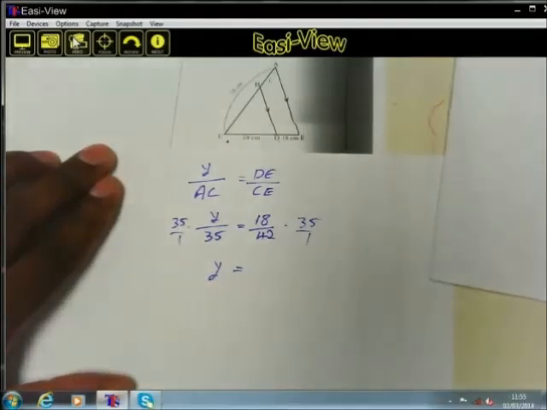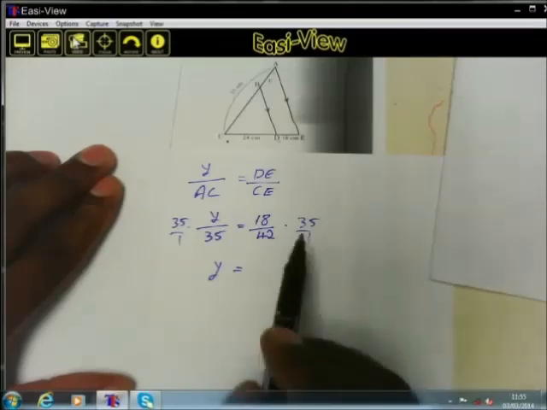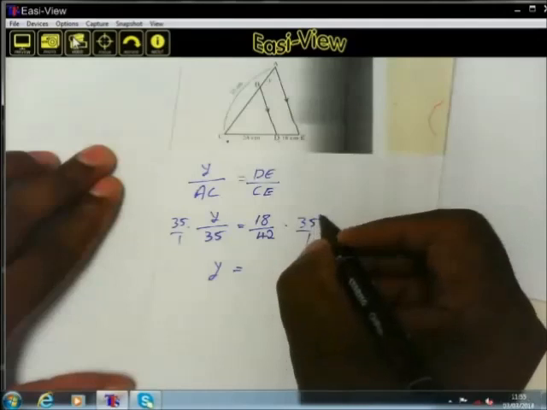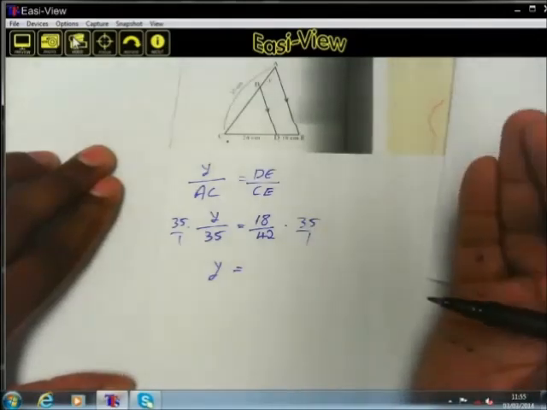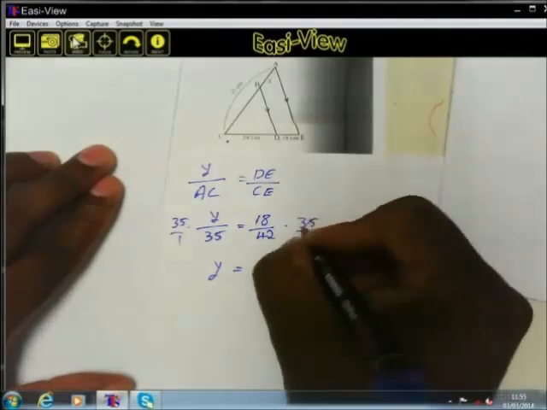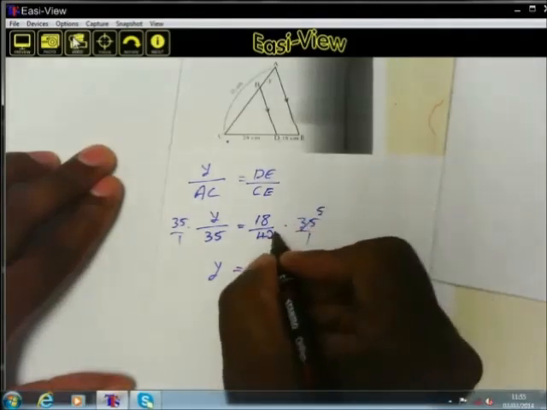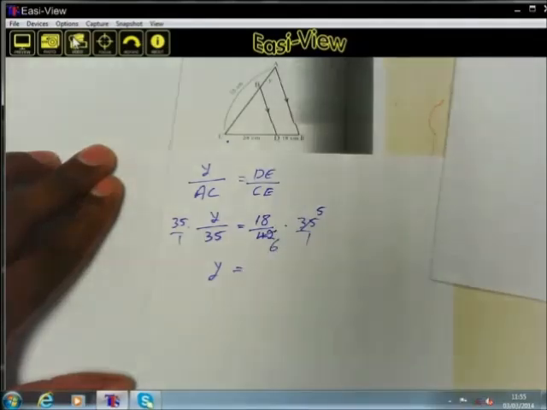18 over 42, multiplied by 35. I can see you're already rushing to your calculators. You can work it out. Remember, it's a multiple. Basically, you can take the multiple of 7. 7 into 35 is 5 times, and 7 into 42 goes 6 times.